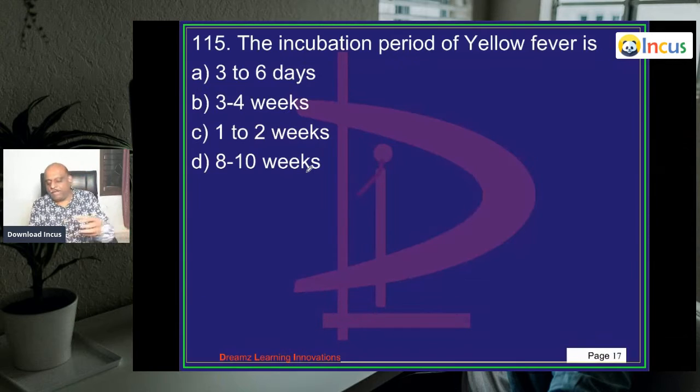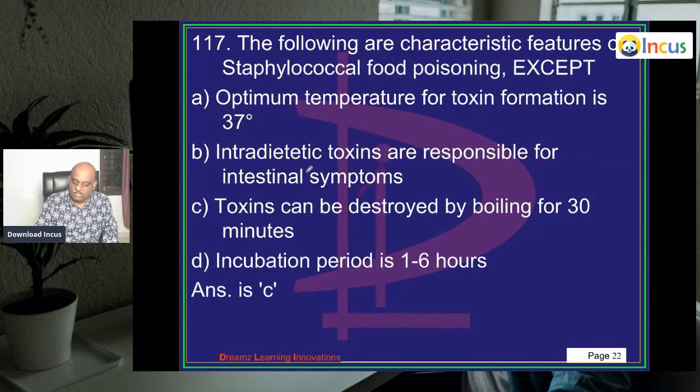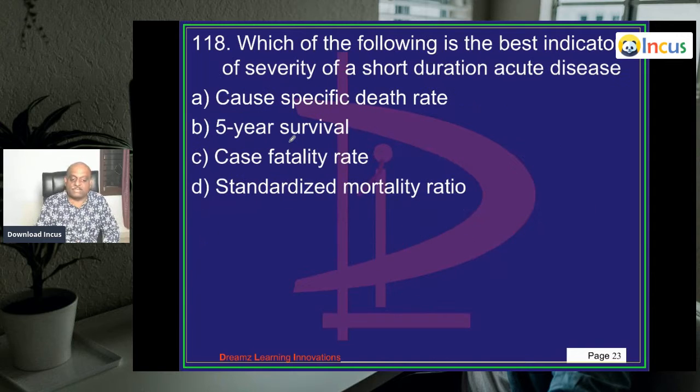The incubation period of yellow fever is 3 to 6 days. Q fever mainly by inhalation of aerosols. Staphylococcal food poisoning incubation period is within 1 to 6 hours. And optimum temperature for toxin formation is around 37 degrees Celsius.